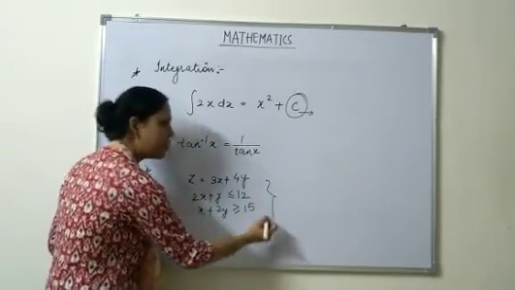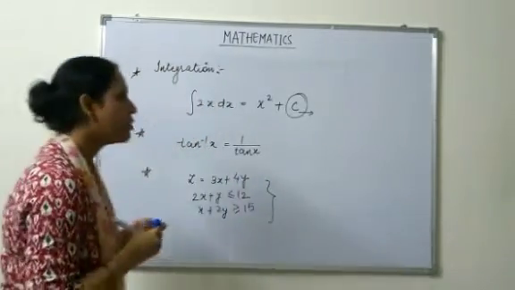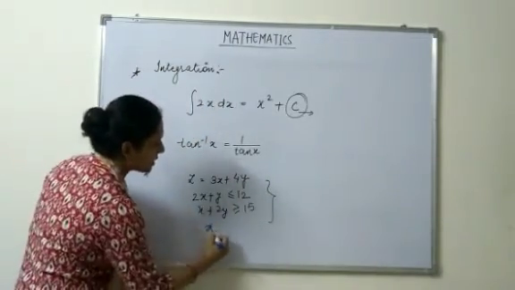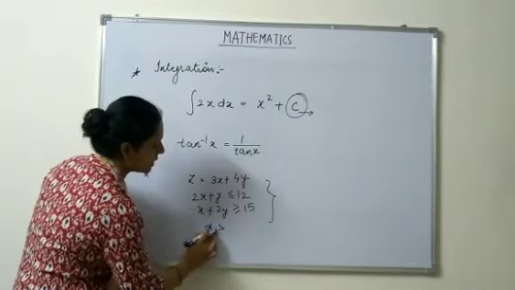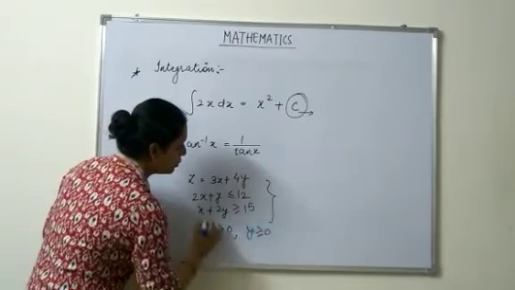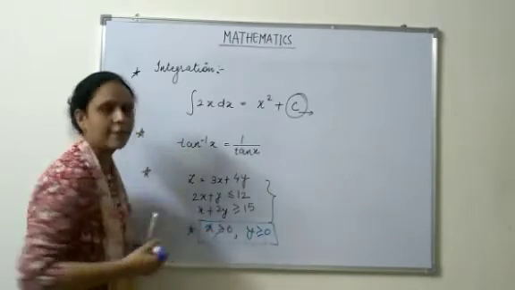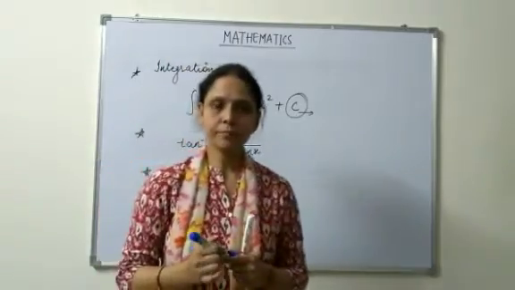So here you write the equations, but most of the students forget to write the non-negative constraints, that is x is greater than equal to 0 and y is greater than equal to 0. So do not forget to write the non-negative constraints.